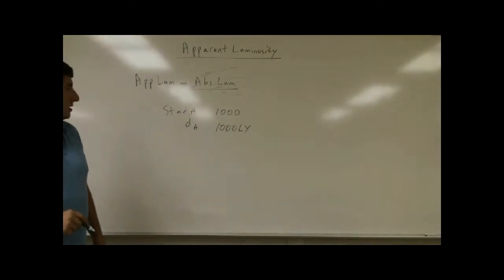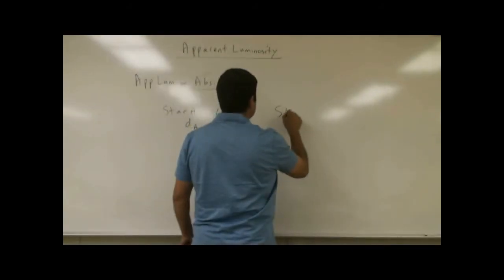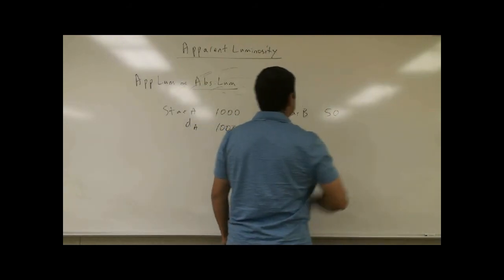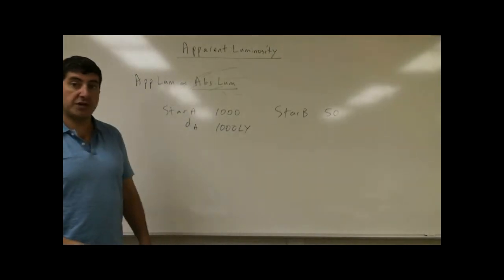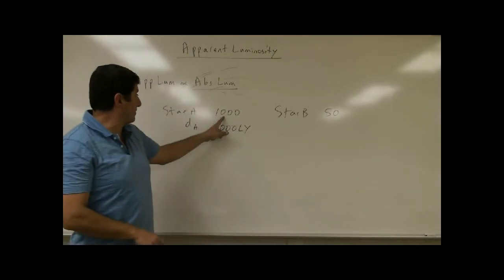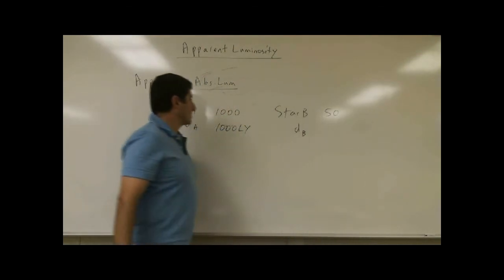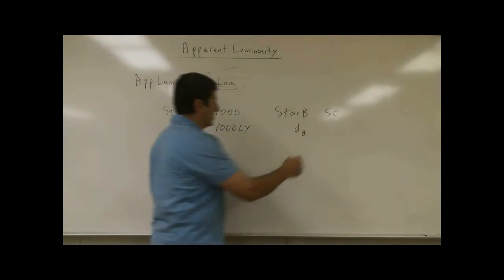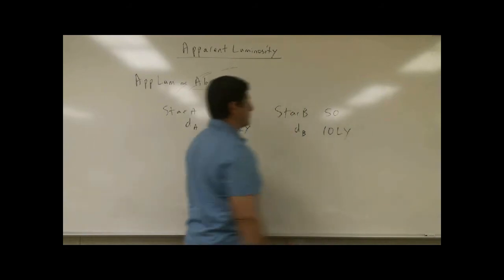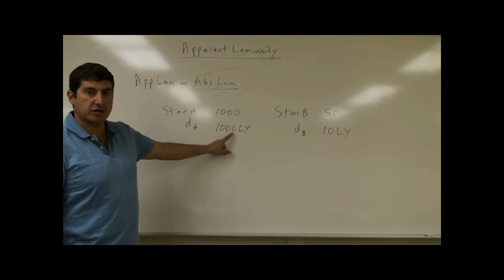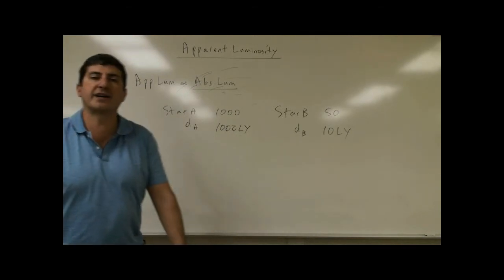And now star B is 50 times brighter than the sun. So it's not that bright. This is a lot brighter. But the distance of star B is 10 light years away. So it's 1/100th the distance of this star. So which star will appear brighter to us?